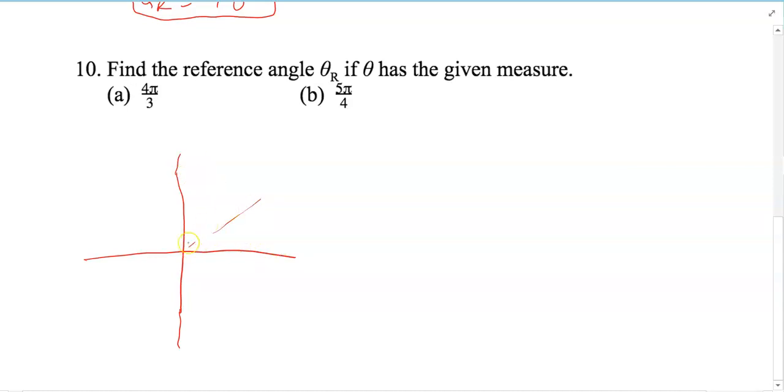If we divide this into pi over 3's, that is pi over 3, pi over 3, pi over 3, another pi over 3. So 4 pi over 3 is in quadrant 3.